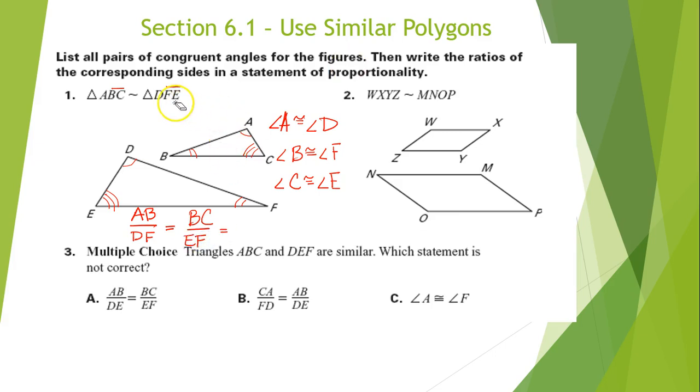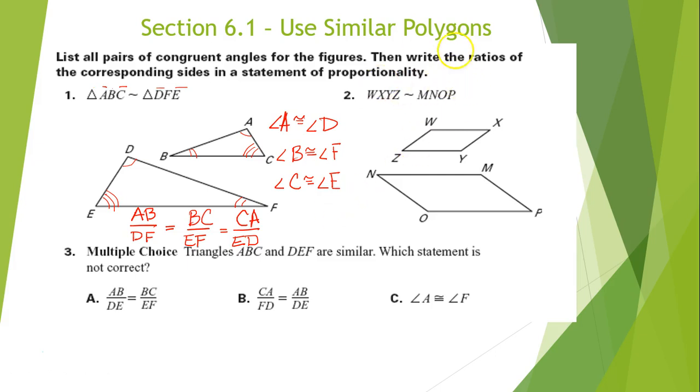And then the last one is going to come from this letter, then this one, the last and the first. So CA over ED. And this is the statement of proportionality that we need to show here. So both of these are statements that we need to show that two triangles or two figures are similar.